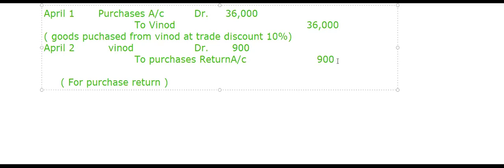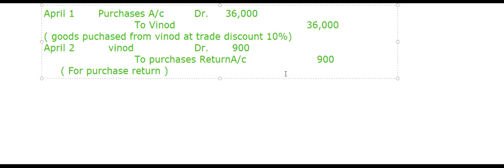Now the third entry that is to be done is on April 6. Paid cash to Vinod. Vinod is the receiver because our business is paying cash to Vinod.